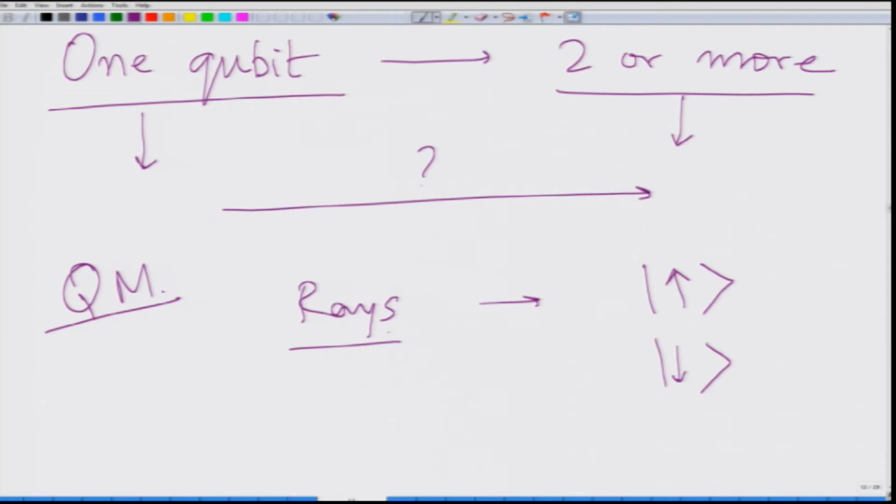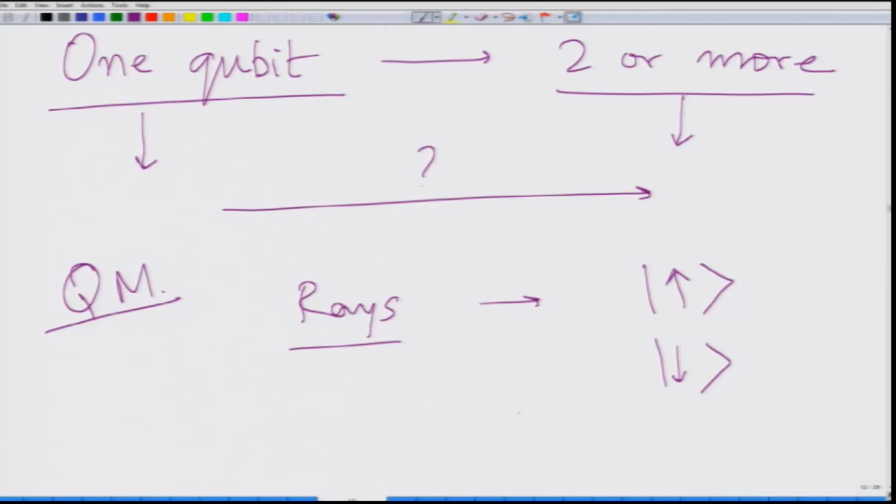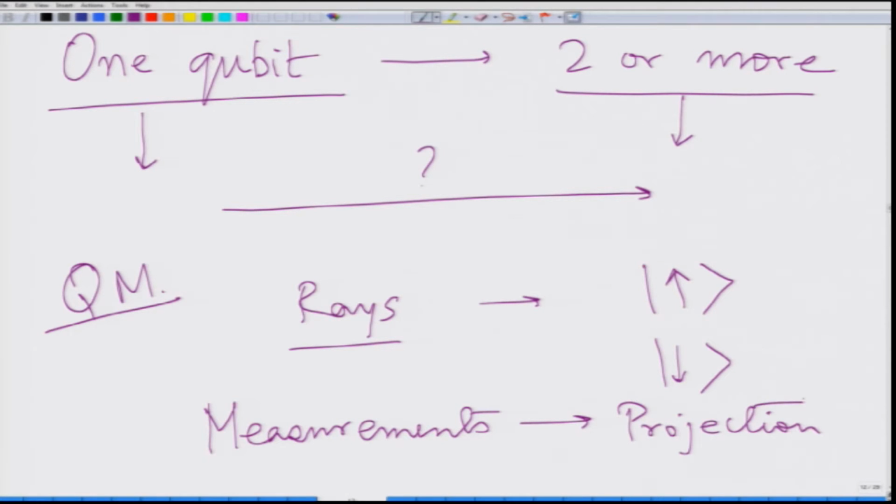Then we looked at the properties associated with them, and we were able to make statements which resulted from measurements. In terms of measurements, what we defined was that a measurement is a projection. So, we had defined measurements as projections.